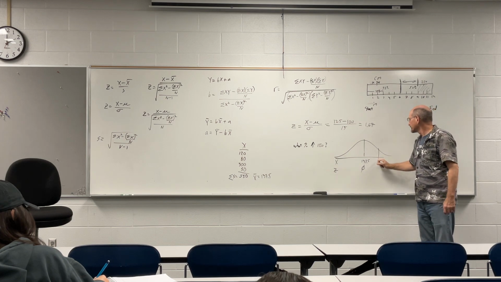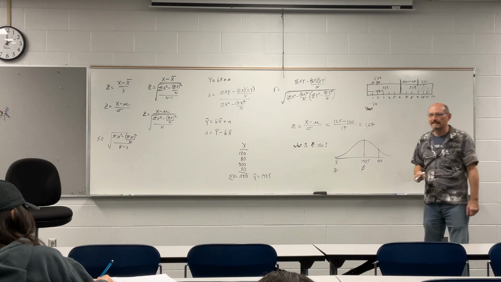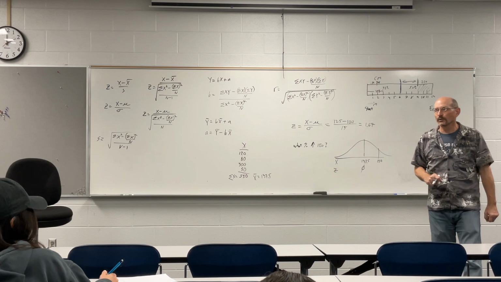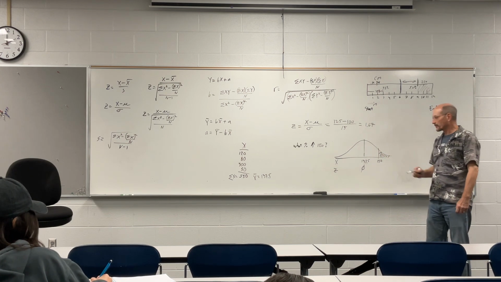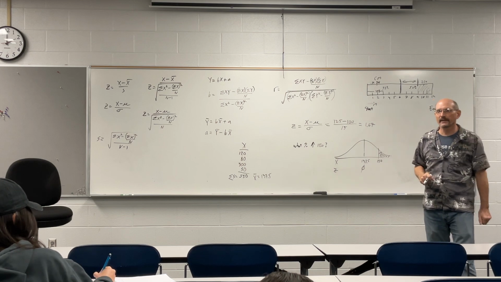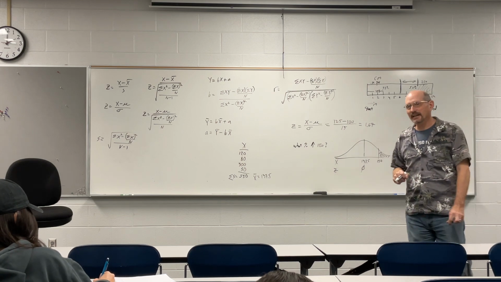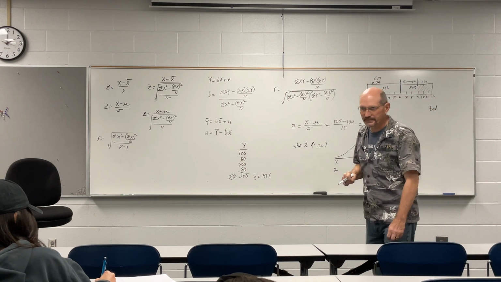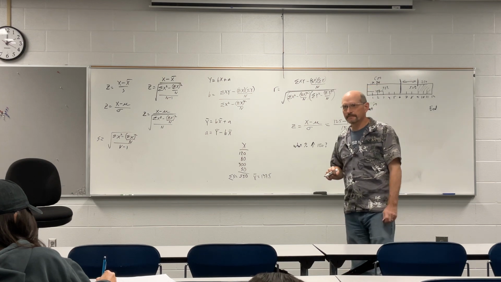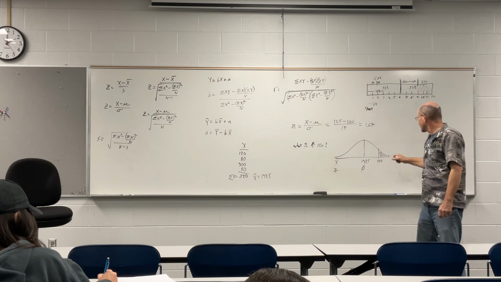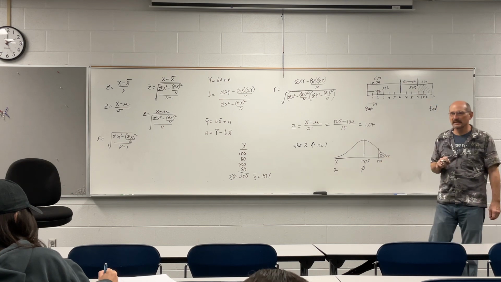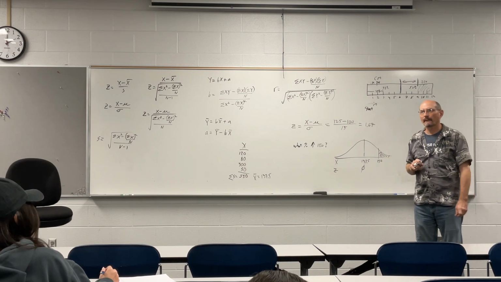The 150's here. In order to calculate more than, I want the C column, but in order to get the C column, I have to calculate the Z score associated with the 150. So how do I get the Z score? You just said that was a population, right?